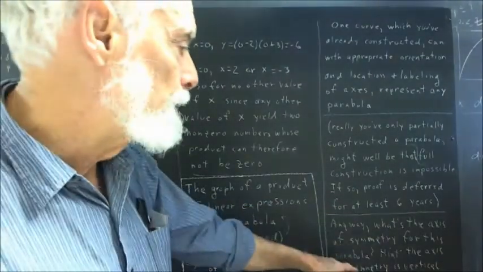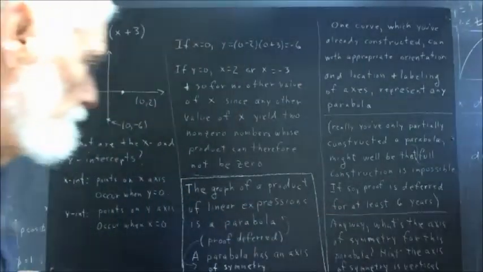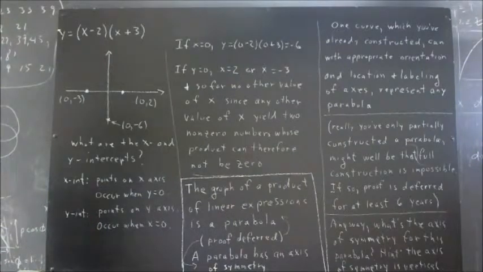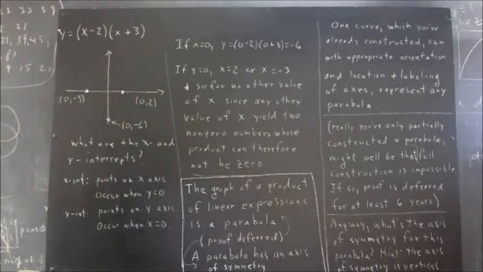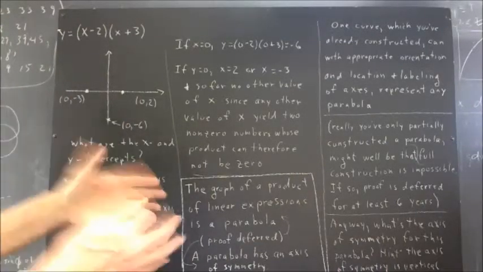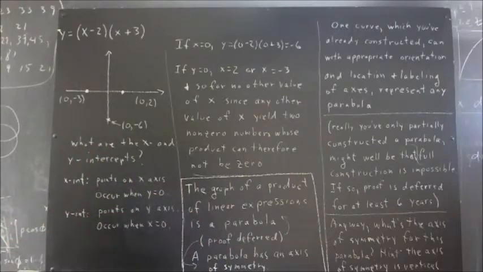So what's the axis of symmetry for this parabola? It's vertical in this case. You should think about that. You really should have an idea of how to get that axis of symmetry before you go on, but now I'm going to continue, so you should pause and give that some careful thought.